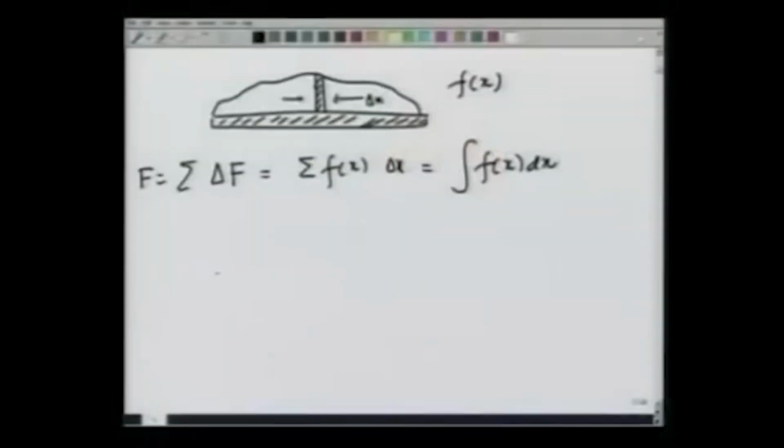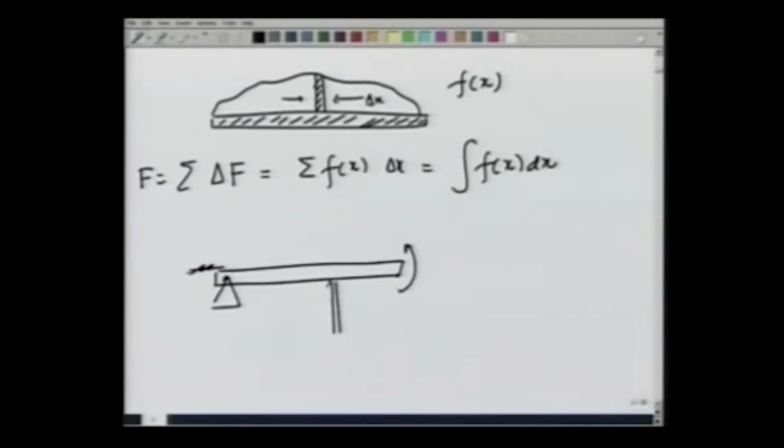For example, if I have this beam fixed at this point, or let me put a pin joint here, what torque should I apply here in order that this beam is in equilibrium, or equivalently at which point should I apply this net force F that I have calculated above here, so that the effect of this force, both the torque as well as the net force, is nullified.